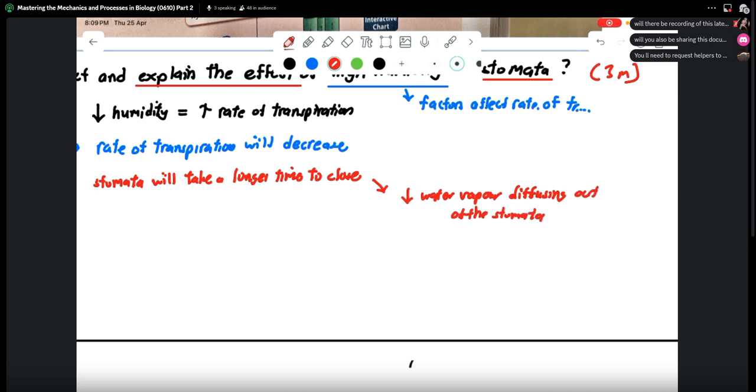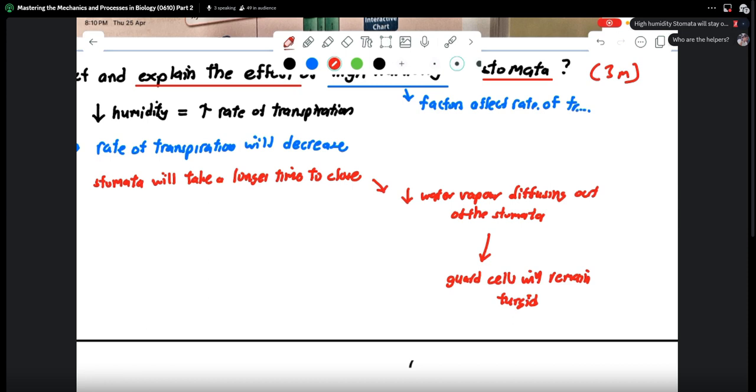So what is the effect of there being lesser water vapor escaping the stomata? So the guard cells, you refer to the guard cells, will remain turgid, because no water is leaving the stomata.